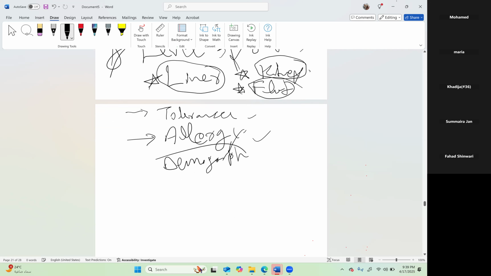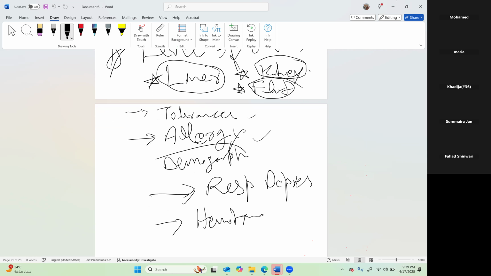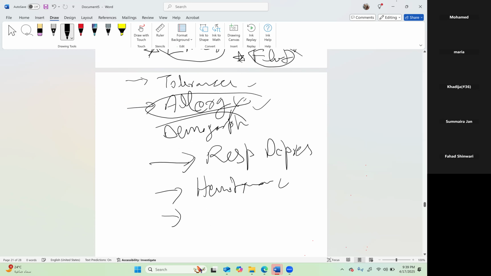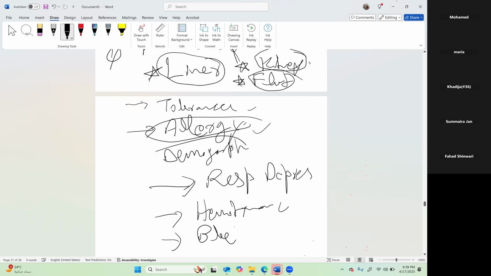What are the possible complications of pain medications? Either it is respiratory depression, or hemodynamic instability, allergy, anaphylaxis. Then some medications can cause bleeding.